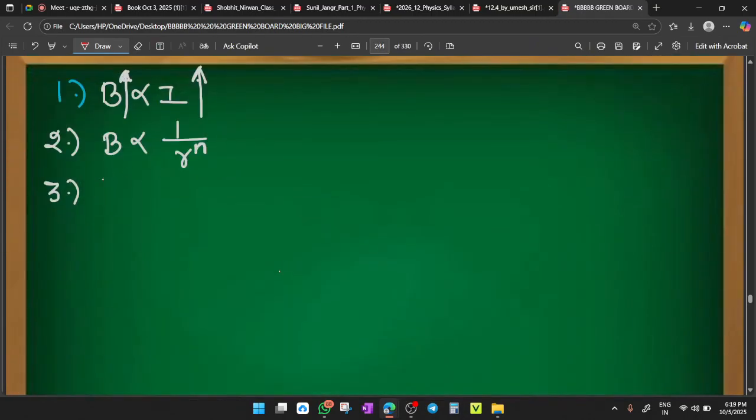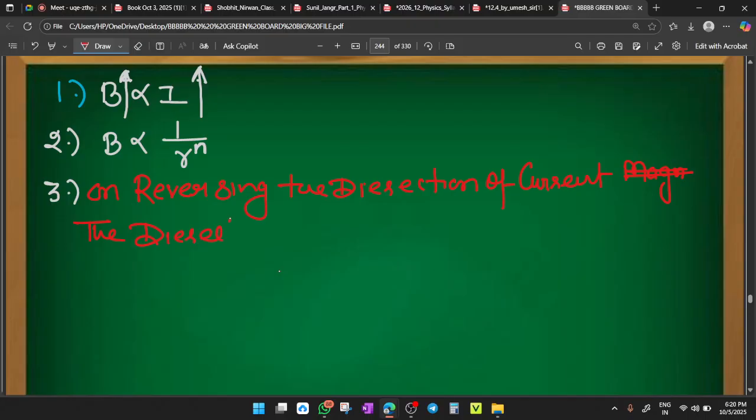So what is the observation on reversing the direction of current? On reversing the direction of current, the direction of the magnetic field is also reversed.